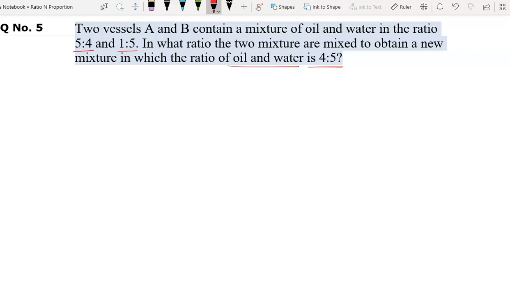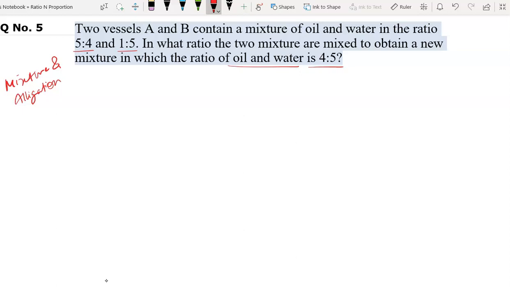But in question number 4, we need to find the ratio of milk and water in the new mixture. So in this question, we will use the concept of mixture and alligation. We will discuss this concept once we are done with the ratio and proportion chapter. I will upload a video on the mixture and alligation topic.